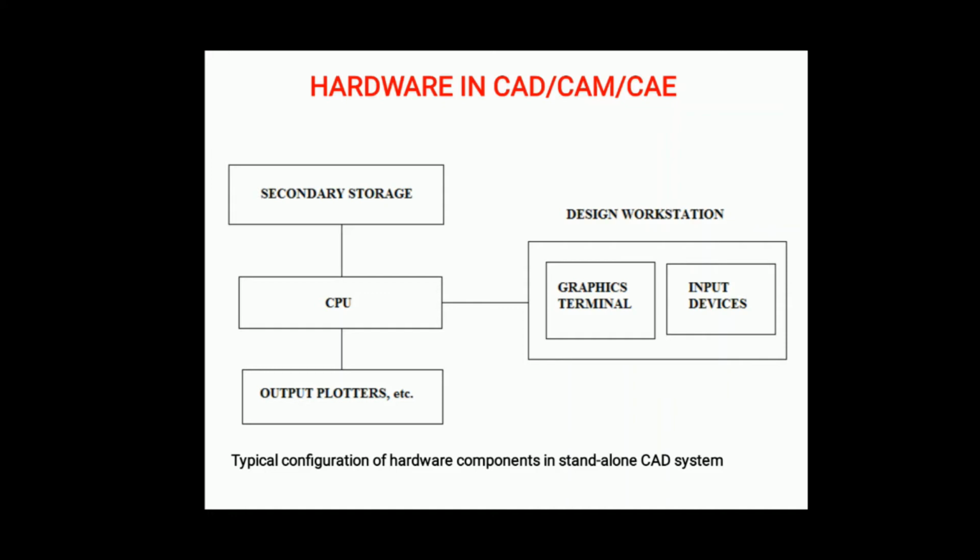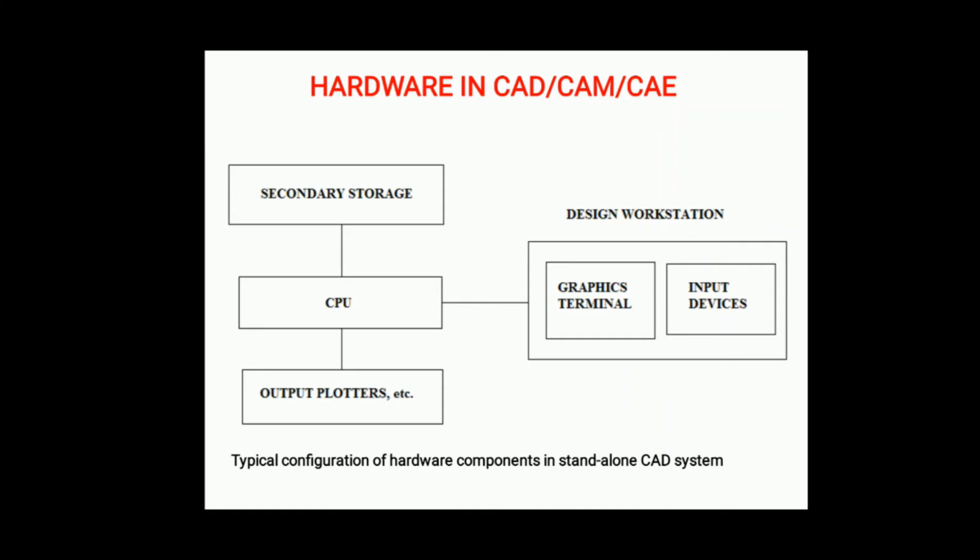Next, digital computers. This uses a high speed central processing unit to process CAD operations. In these digital computers, that is the CPU, we use this high speed computer for doing the CAD operations.